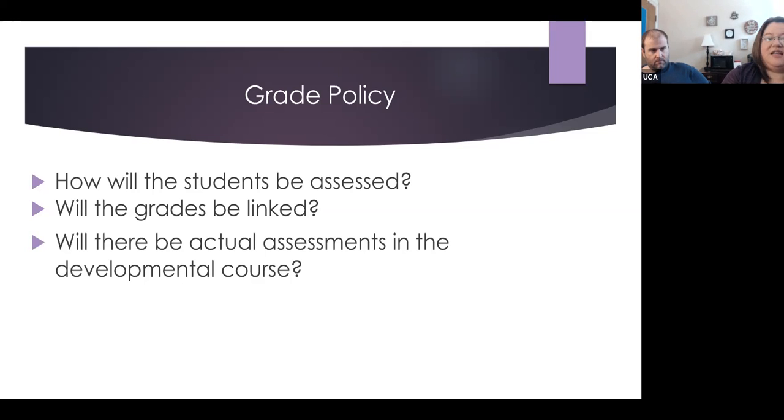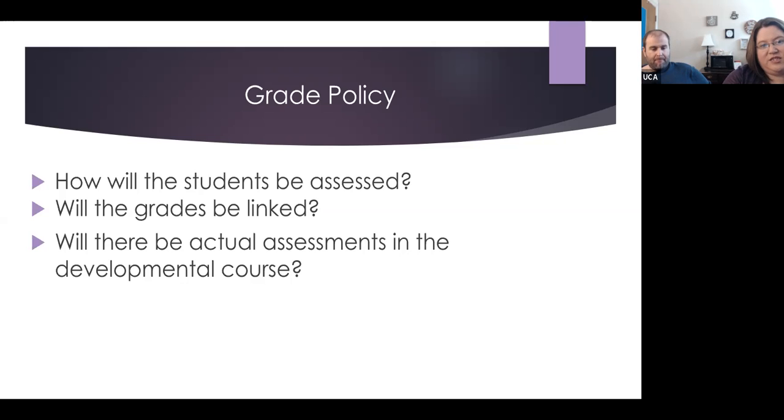If there's separate content in foundations and they could have gotten a passing grade in foundations, should you let them pass that transitional piece? Well, we felt that if our job is to get them through the credit-bearing math class, and we didn't, we couldn't, in fact, give them a passing grade in foundations. So that's how we landed on the grades need to match.